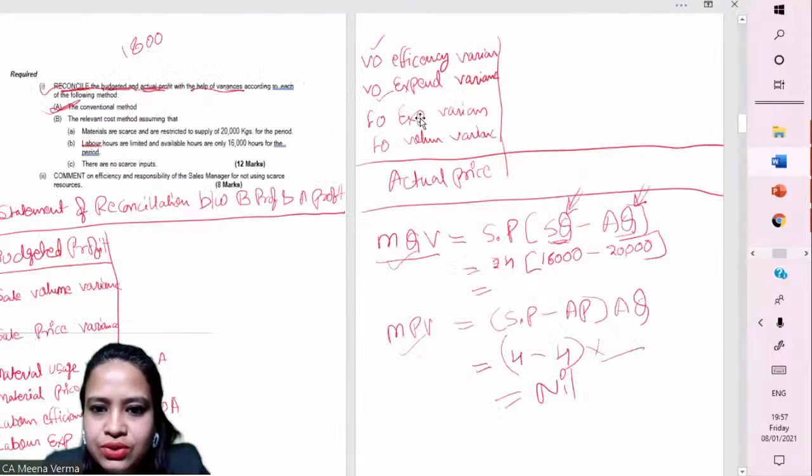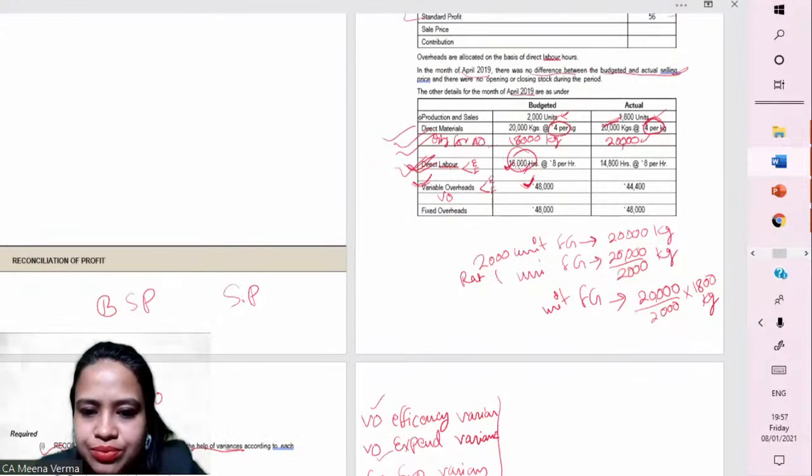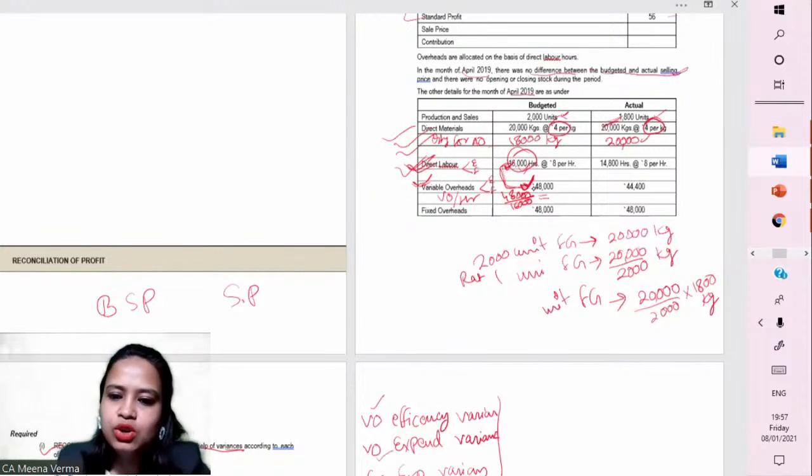So you have the question here. You can find the variable overhead per hour. How? This is the variable overhead 48,000 divided by 16,000, and this is the overhead if you have used 16,000 labor hours. So this way you will get variable overhead per hour.